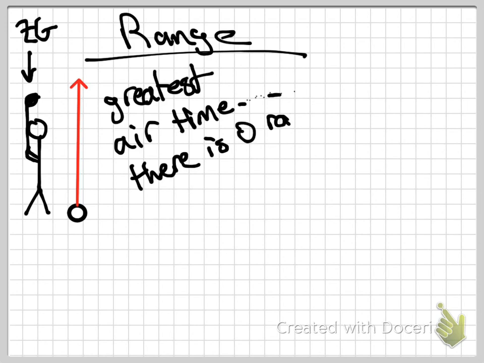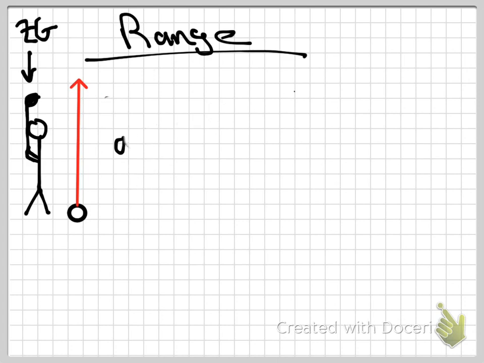So say Zach goes, okay, well, if I hit it at 90 degrees, it gets the greatest airtime. But what if I hit it at 0 degrees? That'll give me the biggest range, right?